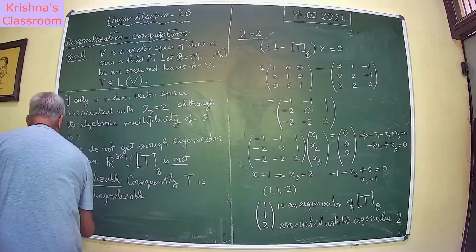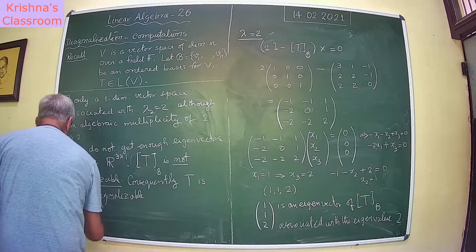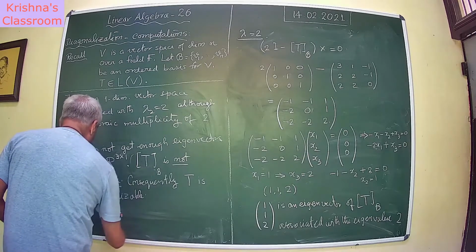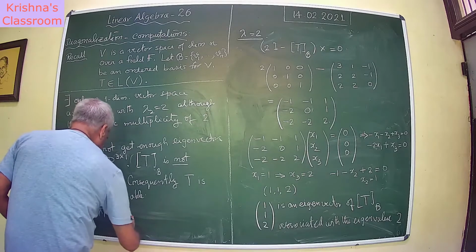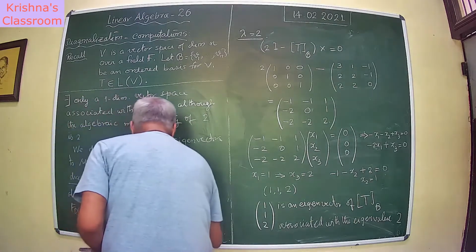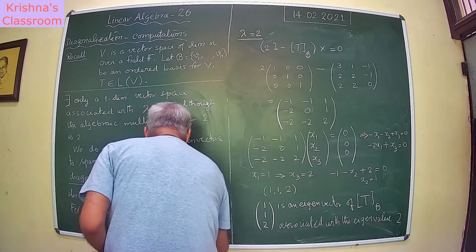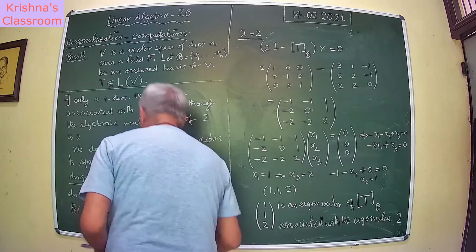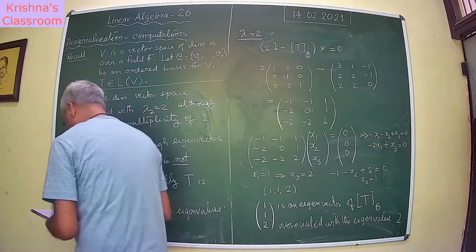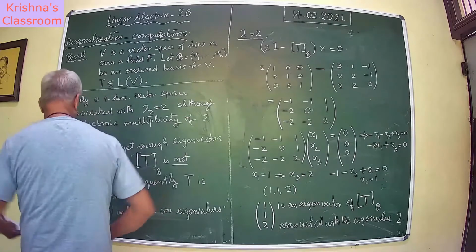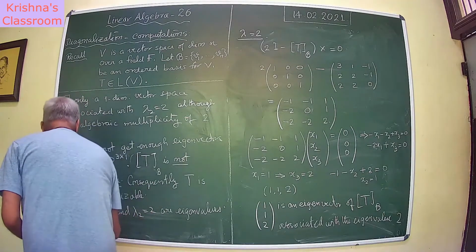For T, lambda 1 equal to 1 and lambda 2 equal to 2 are eigenvalues. Then we have the polynomial P1.